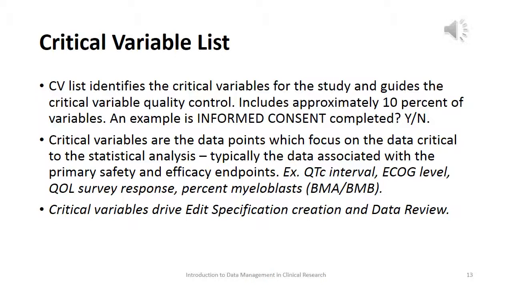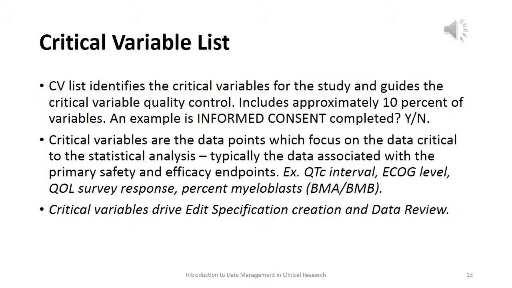Critical variables are data points which focus on the data critical to the statistical analysis, typically the data associated with primary safety and efficacy endpoints. These might include examples such as QTC interval. We might have ECOG level, which for a cancer study is going to anticipate the level of participation the patient is having.